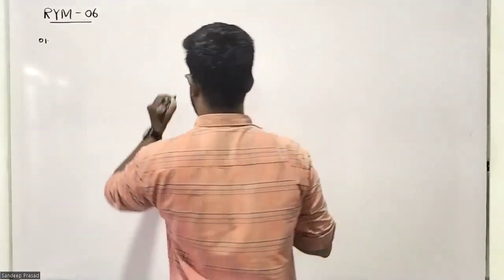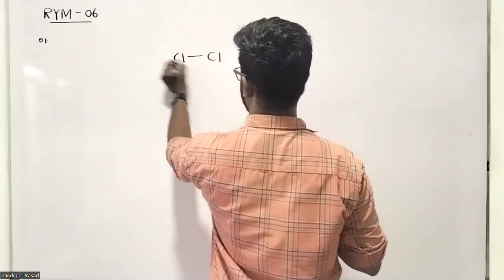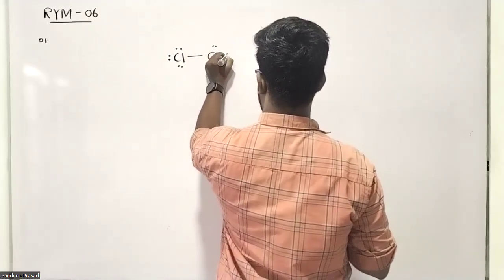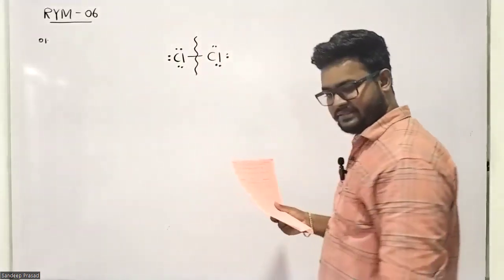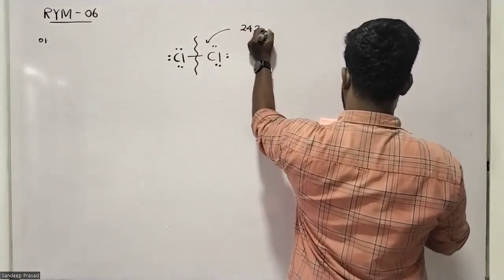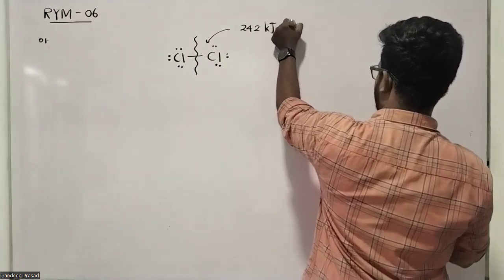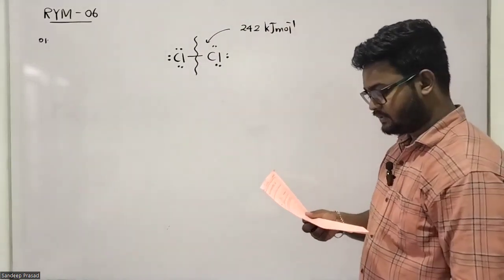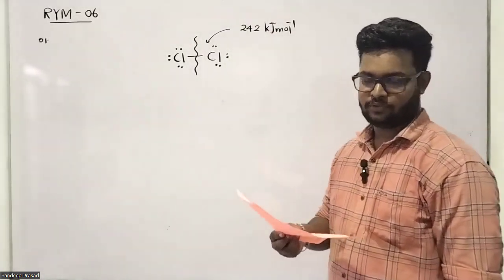Students, they have given that in order to break this chlorine-chlorine bond, so we know that this is the chlorine molecule, the required energy is 242 kilojoules per mole. This is the energy. So they're asking, what is the maximum wavelength of the light beam that contributes to break this chlorine-chlorine bond?